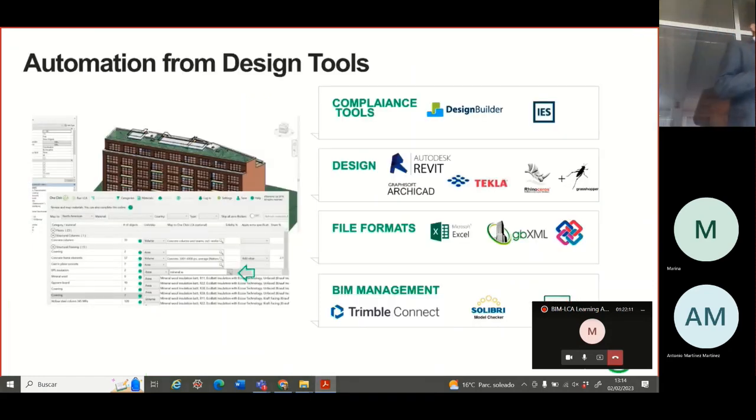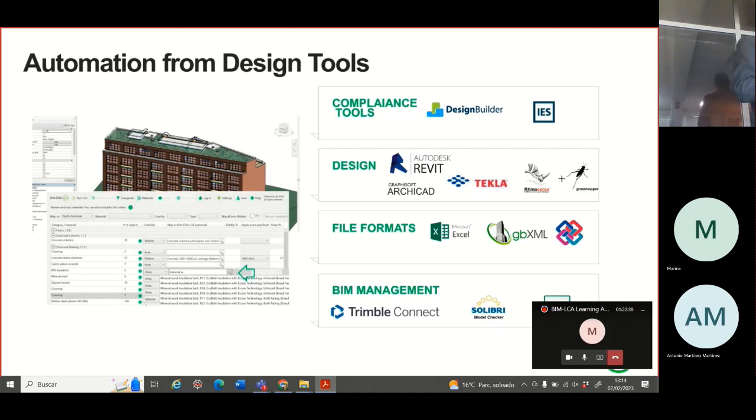But you all already recognize here the names: Revit, Tekla, and then of course Grasshopper. So this is the power of big software. They are interconnected.